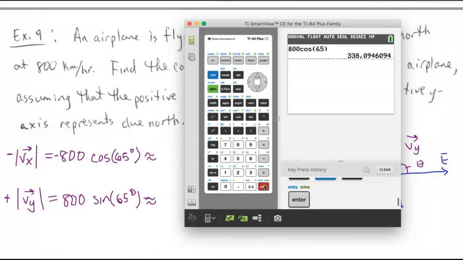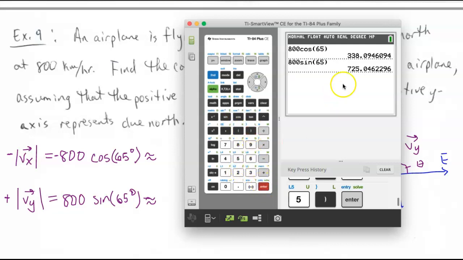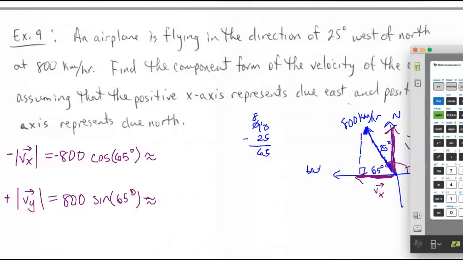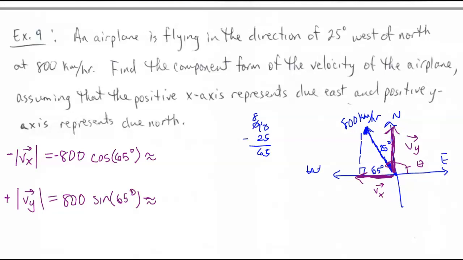We'll just round it off to the 0.1. And do the same thing for the vertical component, and that'll be 725. But again, we know that for the vertical component it's going to be positive, but for the horizontal component it's going to be negative. So we'll go ahead and write that in now.